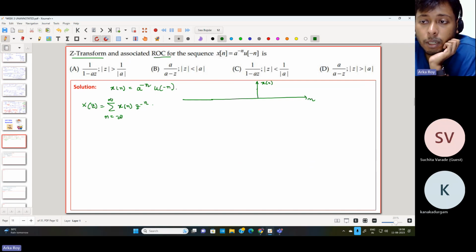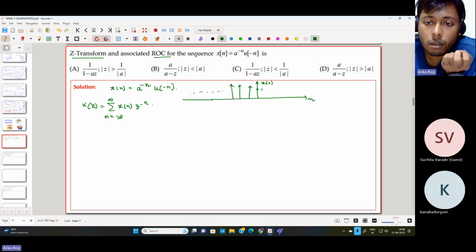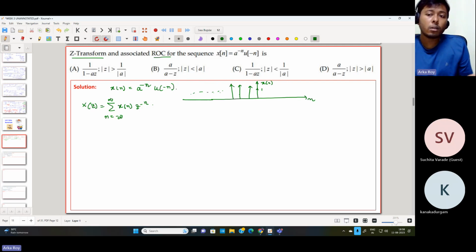It will start from a to the power minus n. Let's consider at n equals 0 this is 1, and on the left side it will look like this. I don't know the value of a, so I will not be able to comment on the shape of the original sequence. Depending on whether a is greater than 1 or less than 1, the sequence shape will change.